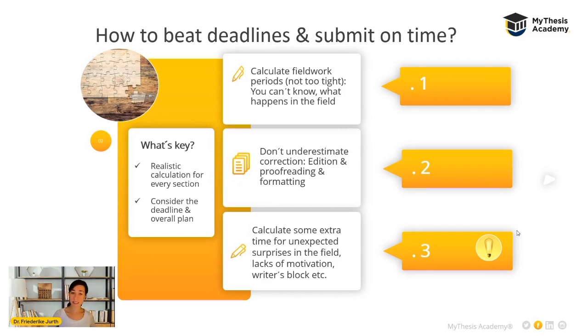Not just in the field or if you are on fieldwork, but also in case that you suffer from a lack of motivation, that you are passing through a writer's block, that you don't feel inspired, for example.